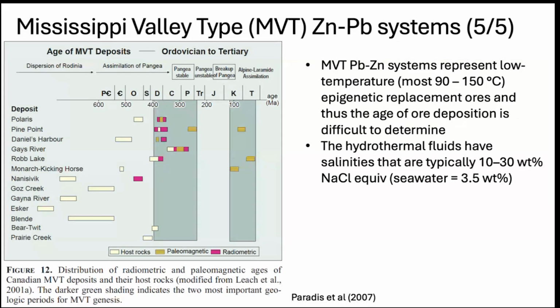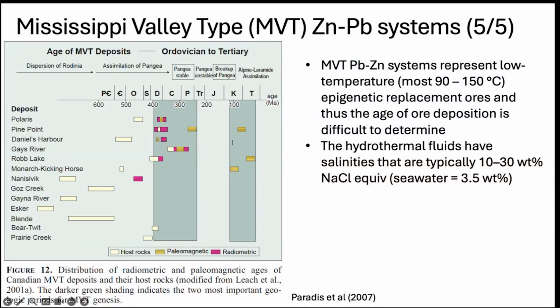And here's a plot of the MVT deposits through time. The yellow bars are the host rocks. We can see the host rocks are Cambrian, Devonian, Silurian, Ordovician to the Cambrian and Precambrian.